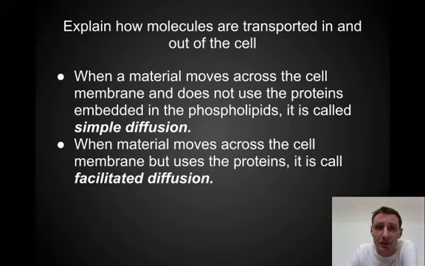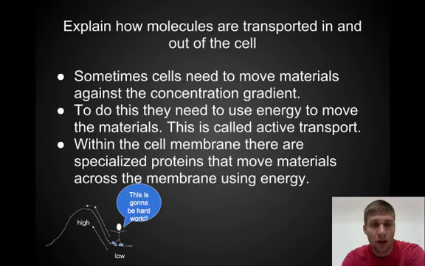If the material or particles are going right through the phospholipid bilayer and not using the membrane proteins, it's called diffusion. But when material moves across the cell and it uses the membrane proteins to get into the cell, it's called facilitated diffusion.